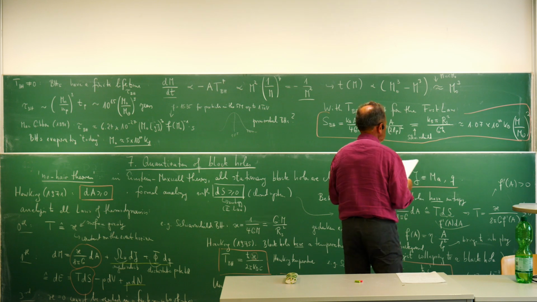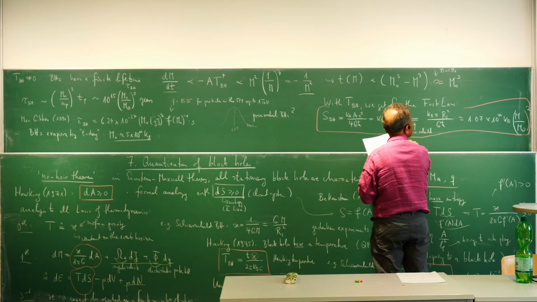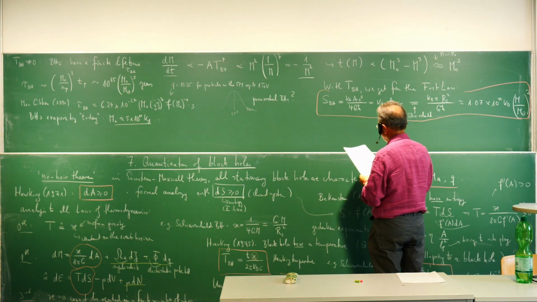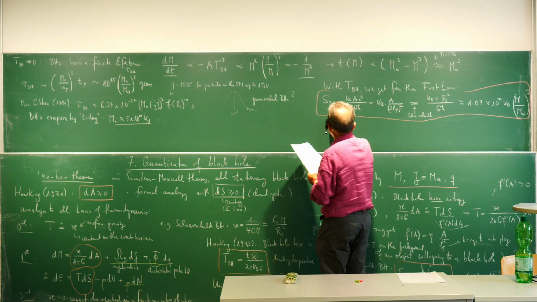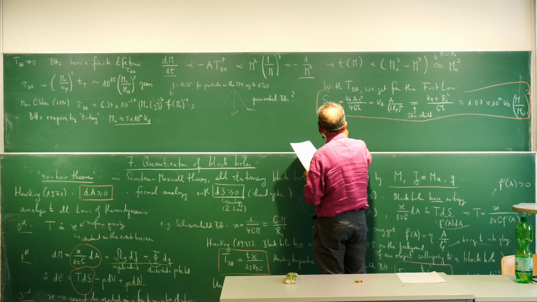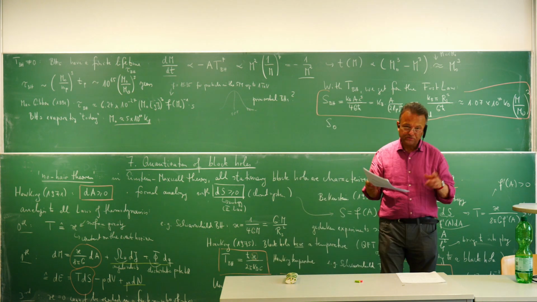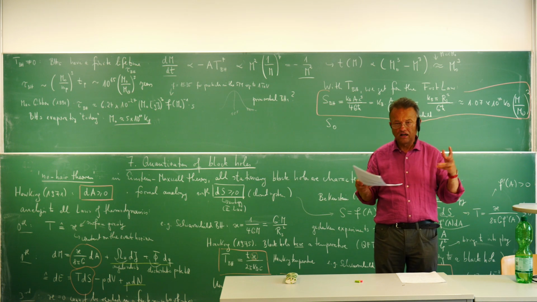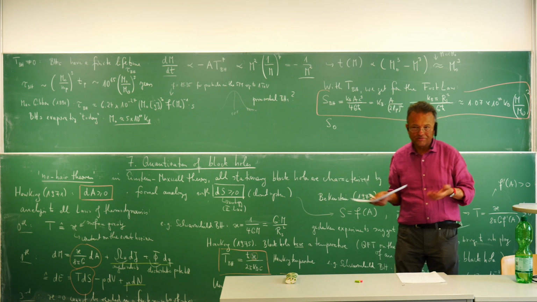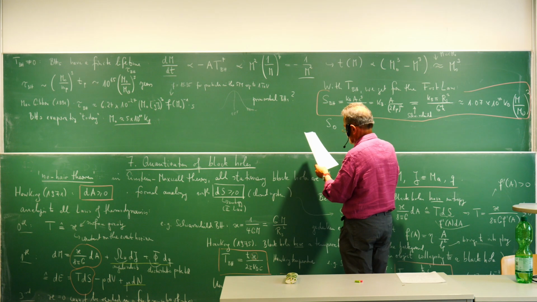Okay. Now, you see for a solar mass black hole, this is 10 to the 77. This is a huge number. If you calculate the entropy, for example, of the sun, the entropy of the sun is basically the sum of the entropies of all the particles that make the sun, of the photons and protons and the light.